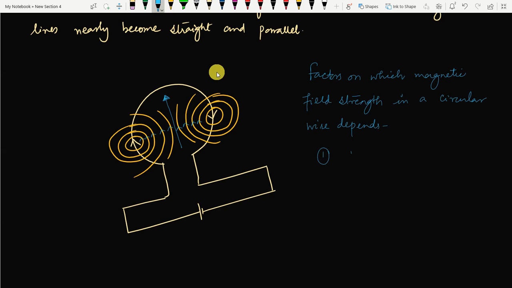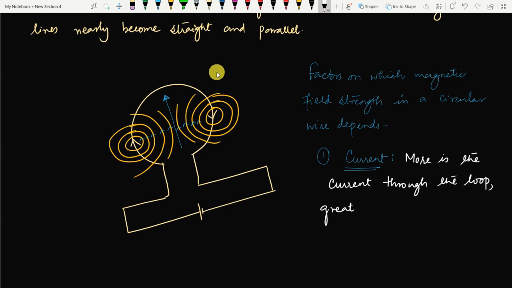The first point is current. If you increase the current, stronger would be the magnetic field. More is the current through the conductor, through the loop, greater would be the magnetic field strength.